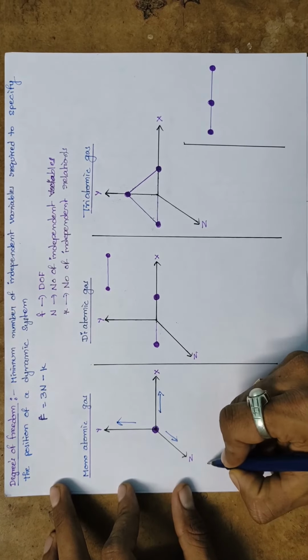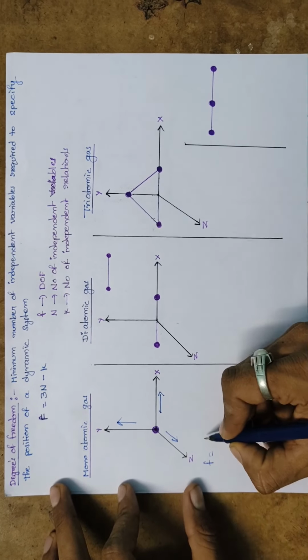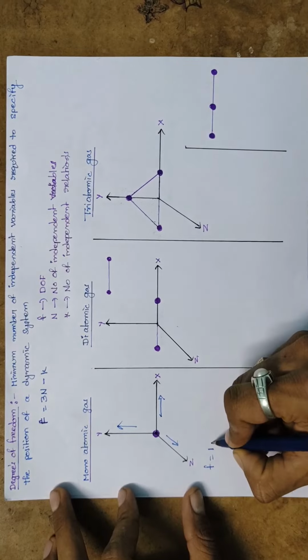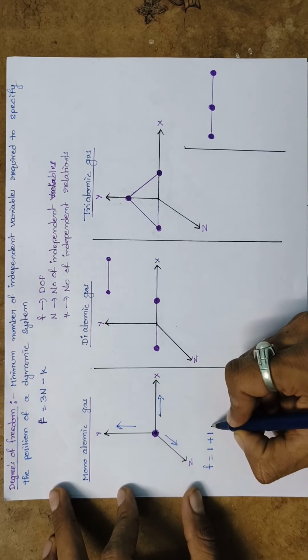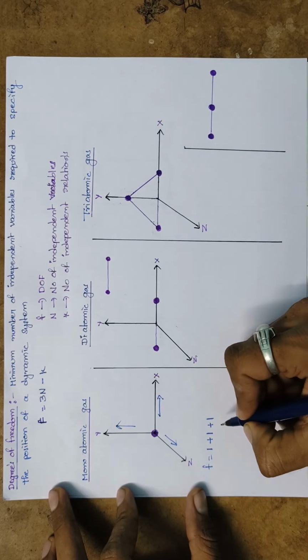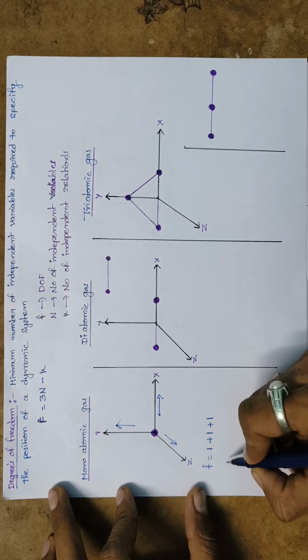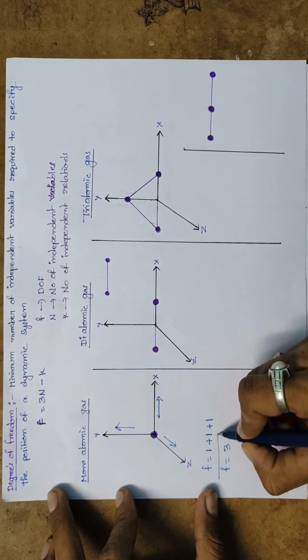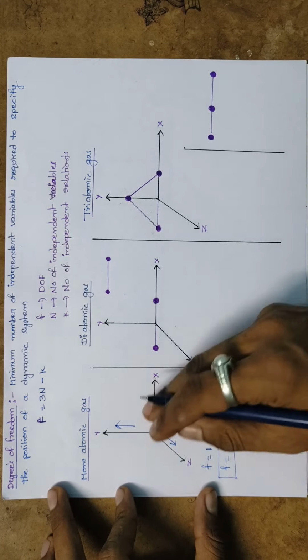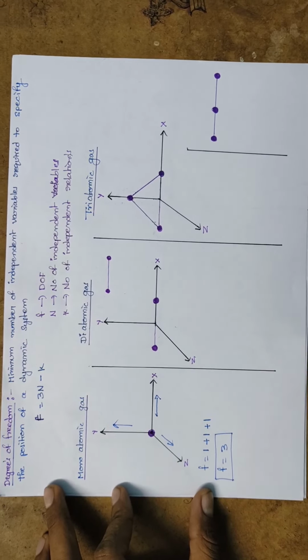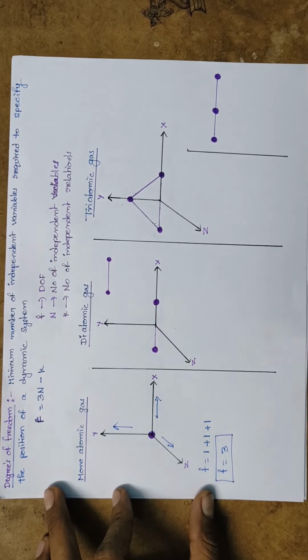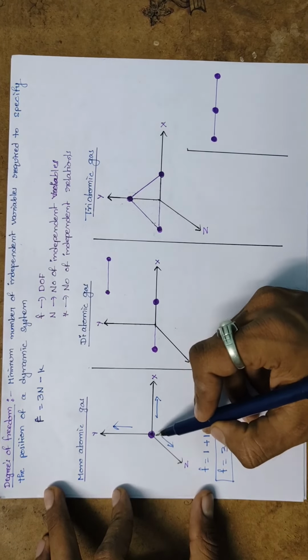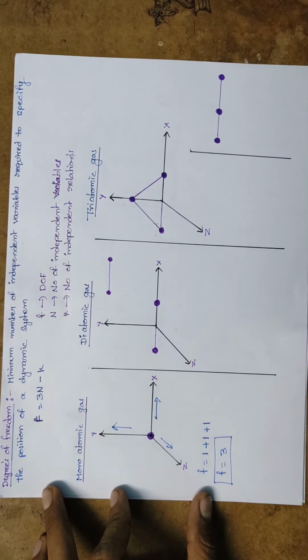So the total degrees of freedom is equal to 1 degree of freedom along x-axis plus 1 along y-axis plus 1 along z-axis. So the total degree of freedom is equal to 3 translational degrees of freedom. Here rotational degree of freedom as well as vibrational degree of freedom are neglected because the particle is a monoparticle. Monoparticle means it's negligible.